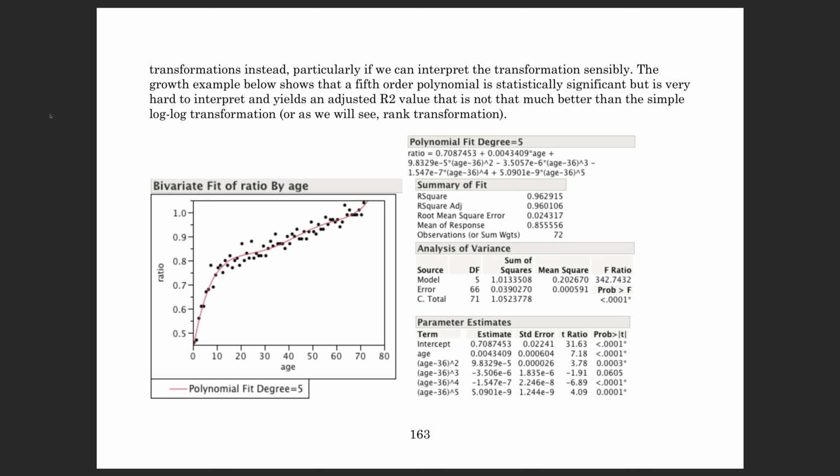But you can see that this model actually doesn't fit that much better than my simple log-log transformation. And as I said, how can I possibly explain the 6 terms in this model as opposed to the log-log one, where I only had 2 terms to explain? It's a much more complicated model, but it's not actually that much better.